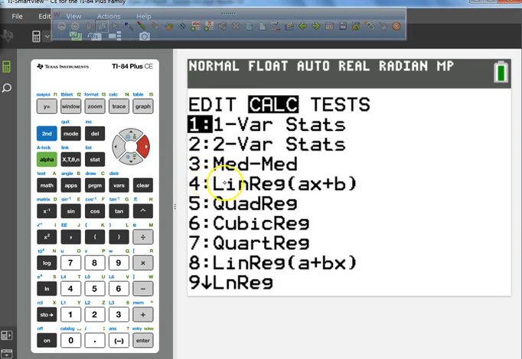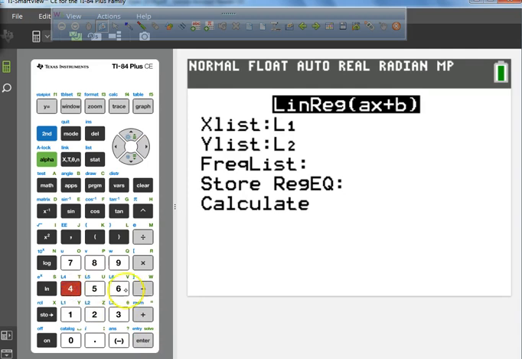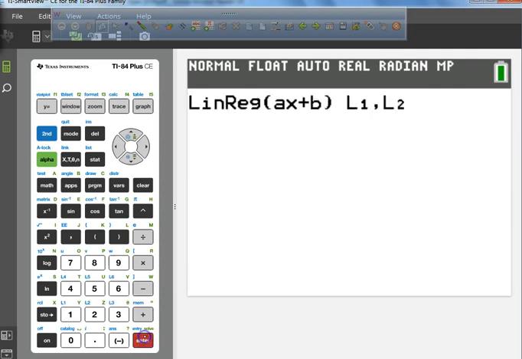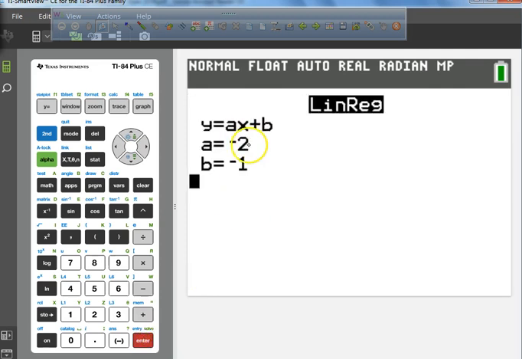You go down to number 4 where it says the linear regression of ax plus b. What does A represent? Slope. B represents the y-intercept. You press number 4. Make sure that's there on the screen. You go all the way down to where it says calculate. And you calculated your slope and your y-intercept just from 2 points.